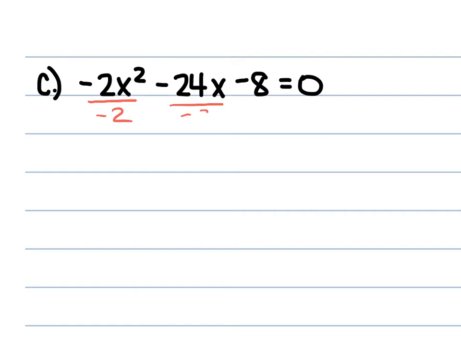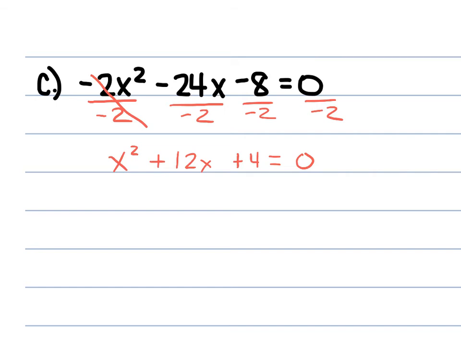Divide everything by negative 2. This becomes x squared. This becomes positive 12x. The last one becomes positive 4. And 0 divided by negative 2 is 0. Notice how this became a lot easier. Those are way better numbers to work with than all those negative ones.